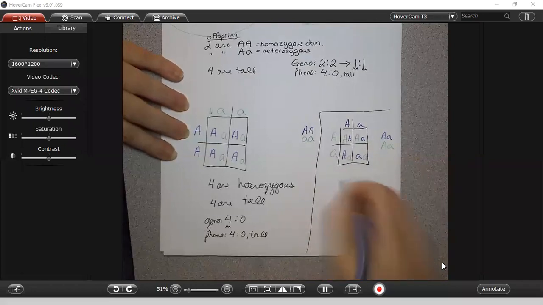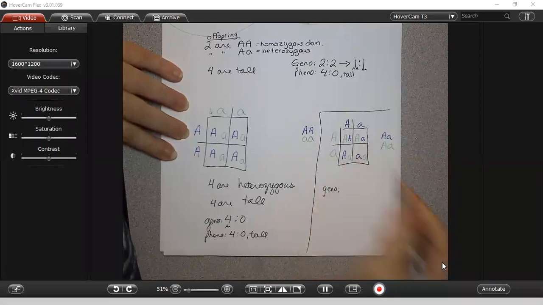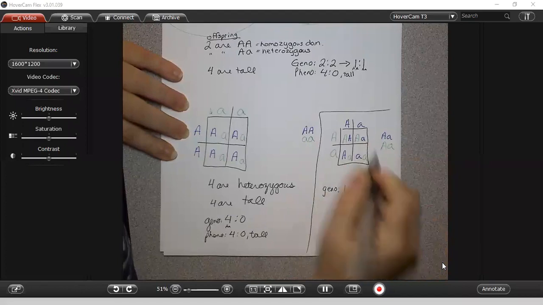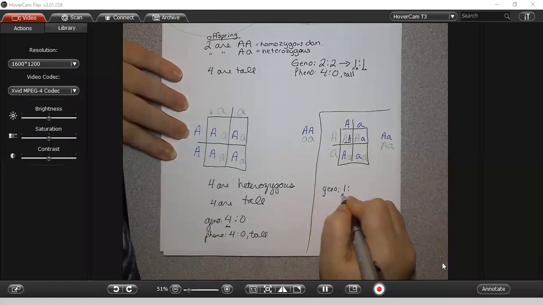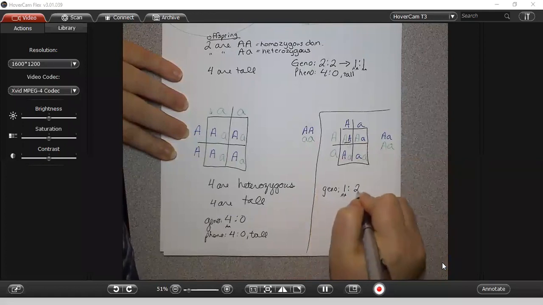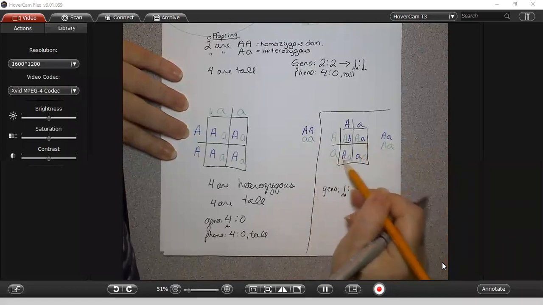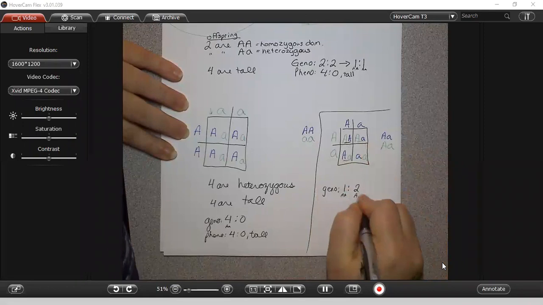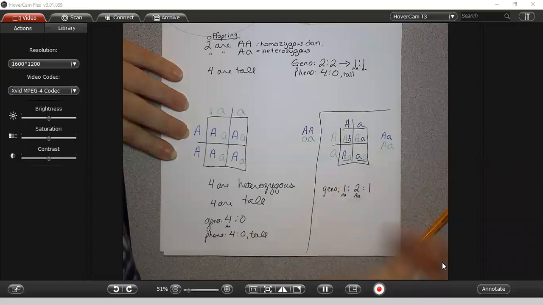So now we have our genotype. We have 1 homozygous dominant, 2 heterozygous, and we have 1 homozygous recessive. So that is our genotype ratio.